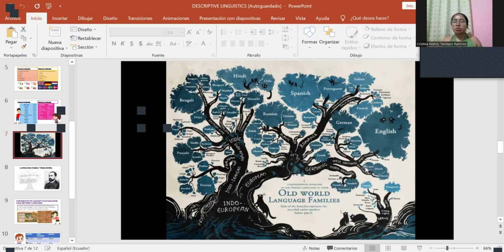So this model helps to easily understand how the languages are linked and related, and how the families are divided.